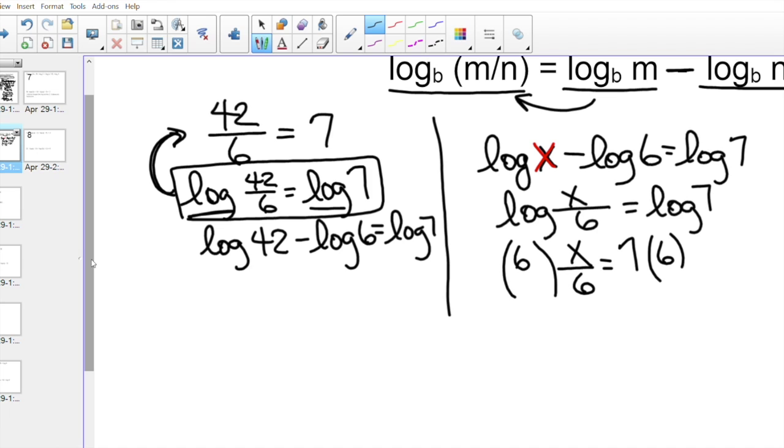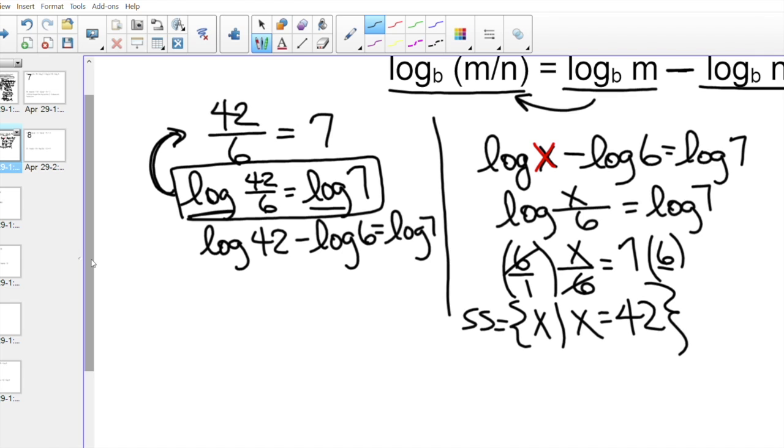Opposite of division is multiplication. So, that cancels, so x is 42. Now, you still have to check for x, but you're taking the log of 42, and it's not going to be extraneous.